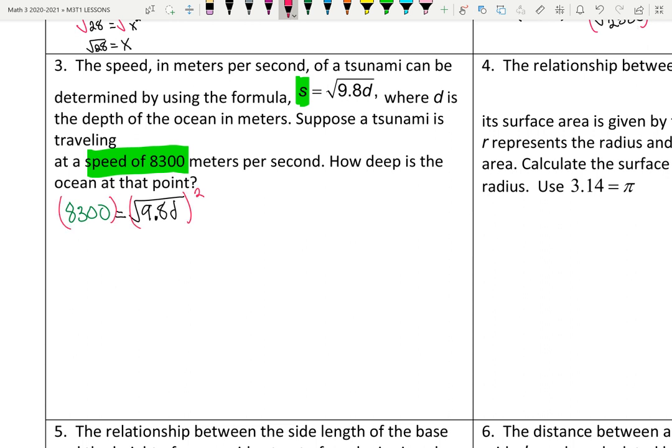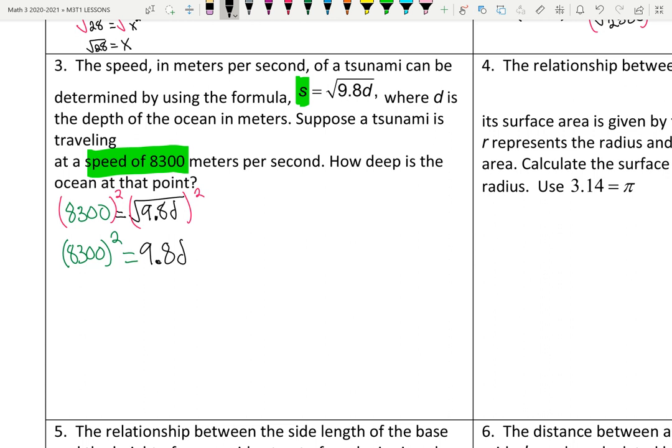I'm going to raise both sides to the second power. So this is going to lead me to have 8,300 squared equals 9.8d.